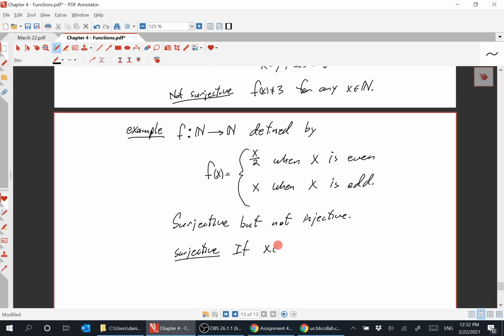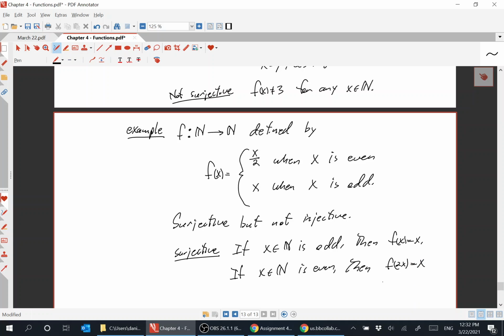Surjective: if x in N is odd, then f of x is equal to x. If x in N is even, then f of 2x is equal to x.